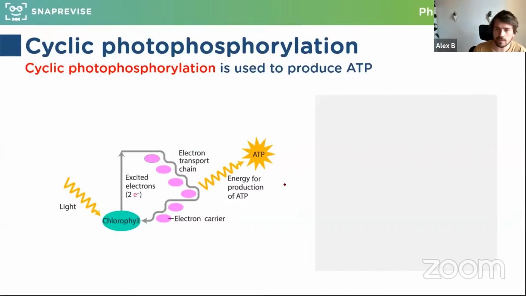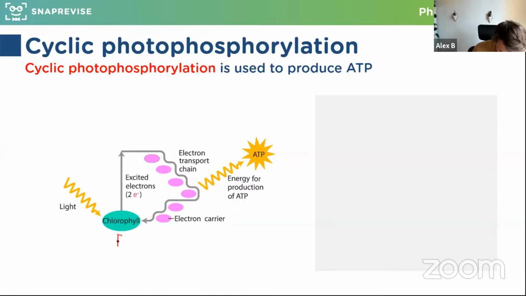Kind of aware of time. It's basically been an hour now. I'll quickly talk about this. We talked about non-cyclic. We're now going to look at cyclic. What can happen is rather than the electrons passing to NADP and being lost and having to be replaced, they can just stay in the system.